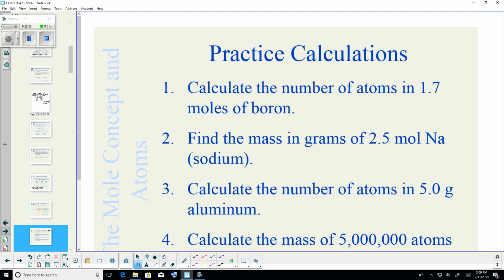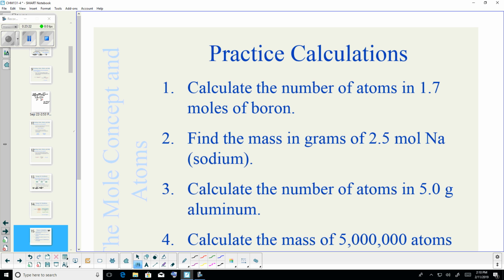Calculate the number of atoms in 1.7 moles of boron. So here's a problem for you. What are we starting with? Moles. So we're going to start here, moles of A. And I want to know the number of atoms, so I'm going to end here.